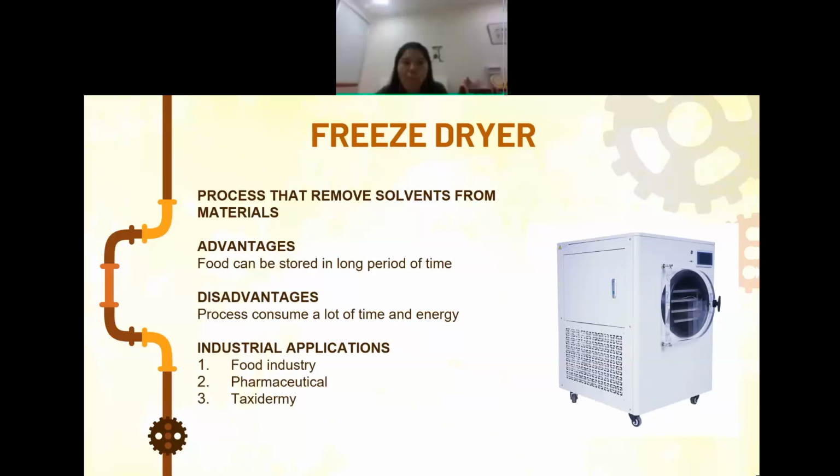So I would like to ask Nadia, may I know how does the freeze dryer work? Okay, so the freeze dryer works in three phases. The first phase is known as the freezing phase. In this phase, the freeze dryer cools the material below its triple point to ensure that sublimation will occur. The second phase is known as primary drying or the sublimation phase. In this phase, the pressure is lower and heat is added to the material in order for the water to sublimate.